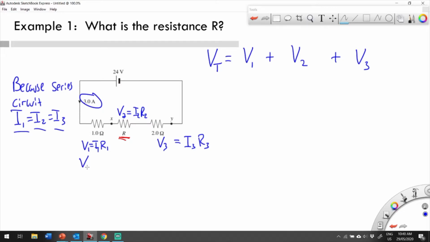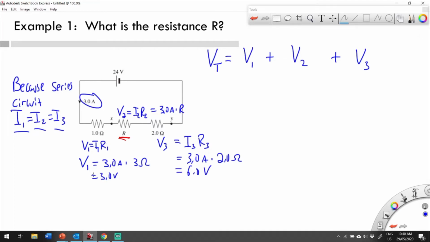So for voltage across component 1, we can calculate it as 3 amps times 3 ohms, so this is going to be 3 volts. We don't know V2, but at the very least we can say that this is going to be 3 amps times R. V3 will be 3 amps times 2 ohms, which will be 6 volts.